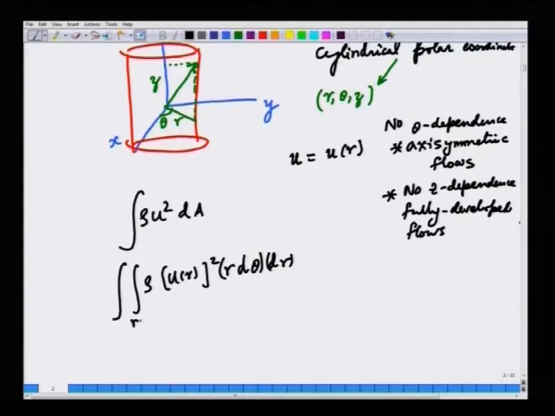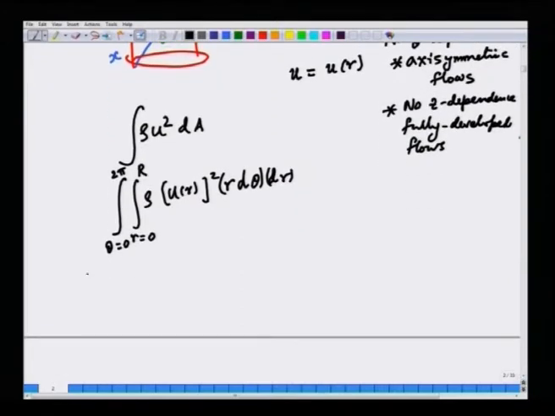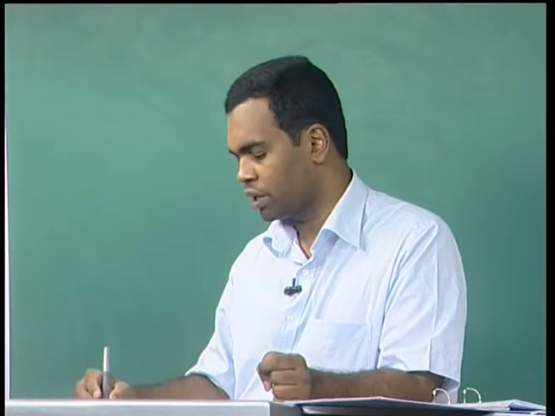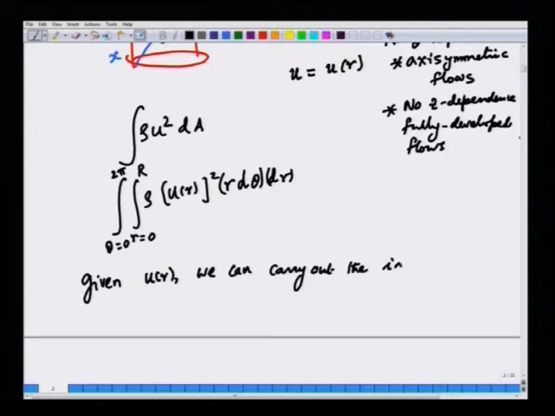So, you are integrating r from the center to the radius and theta from 0 to 2 pi. Provided given u(r), we can carry out the integration to calculate the momentum flux term in the integral momentum balance, because in general the flow is not uniform. So, we have to do this in order to calculate the flux terms.